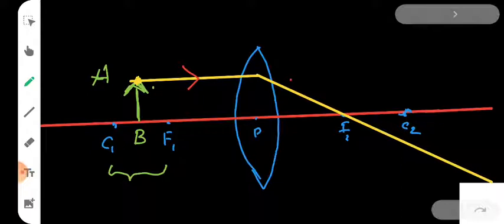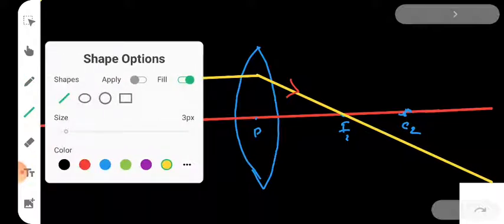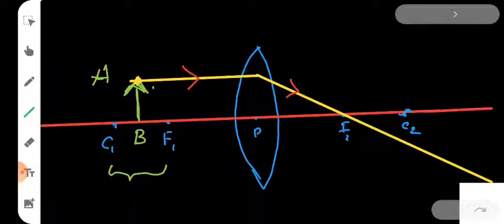Okay. Second ray that I'm going to use would be, again conveniently, the ray coming from A, and what happens to the ray?